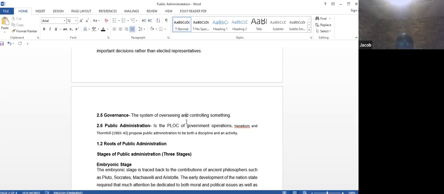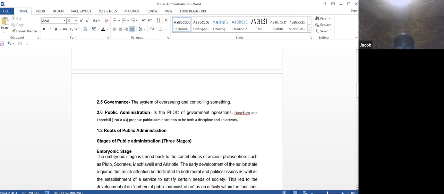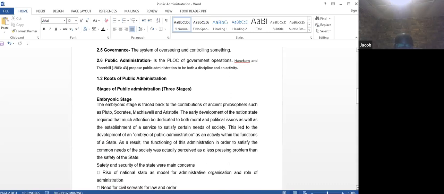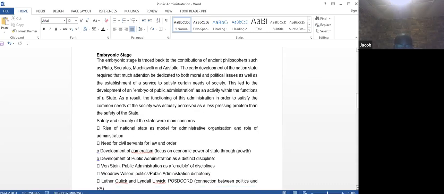Some of the points you need to mention when explaining this embryonic stage are the need for civil servants, for law and order, and the development of cameralism. This was the focus on the economic power of the state through growth. The idea of cameralism was that if the state grows its wealth, then the economy of the country will also develop.